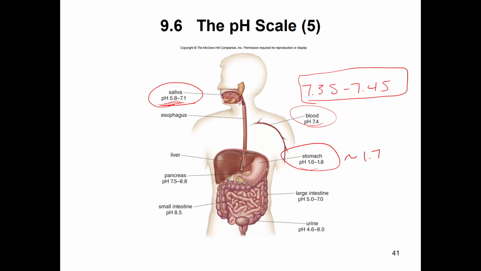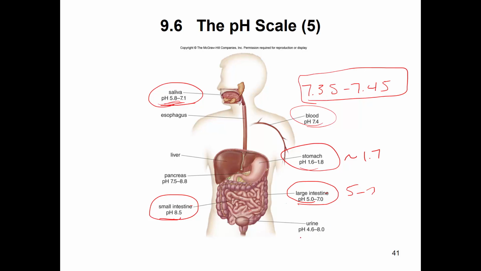Then in your large intestine it's going to be 5 to 7, neutral, and then you get a little alkaline in your small intestine, at 8.5. So you're changing that pH as you go through to make sure you can absorb things.